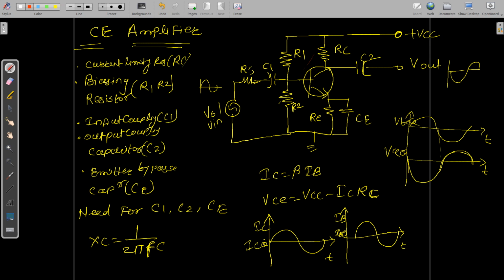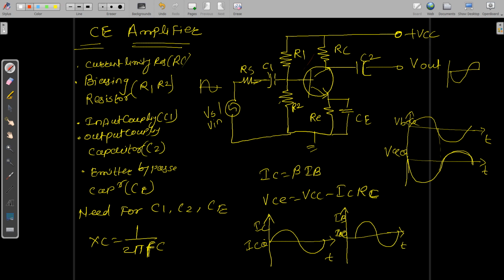Now we know that we have to bias the transistor in such a way that when there is an absence of any AC input signal, that means zero signal, the transistor is biased in the active region, so that no portion of the signal gets clipped off either on the positive or the negative side.